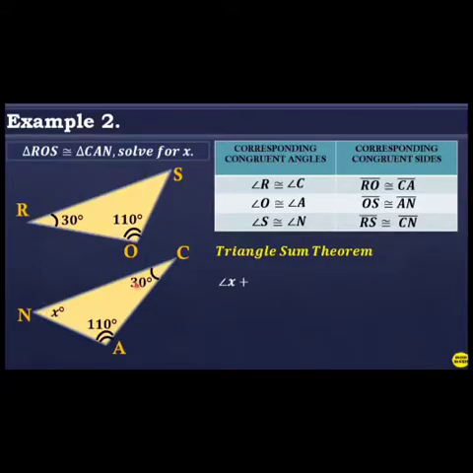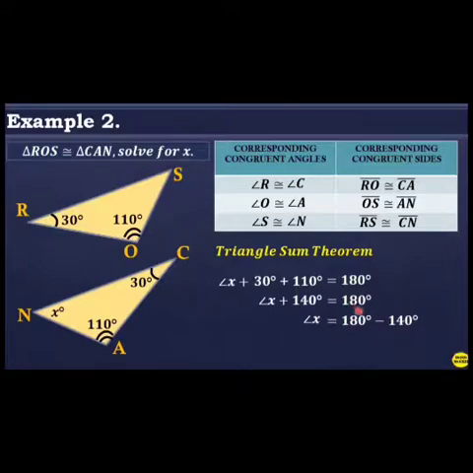So we add angle x plus 30 plus 110 and equate it to 180. We have angle x plus 140 is equal to 180. So angle x is equal to 180 minus 140, which is 40.